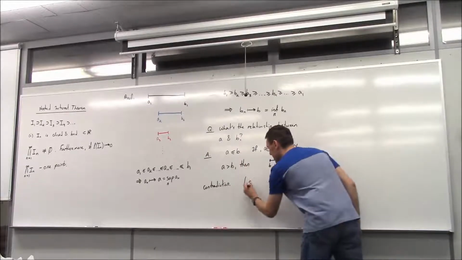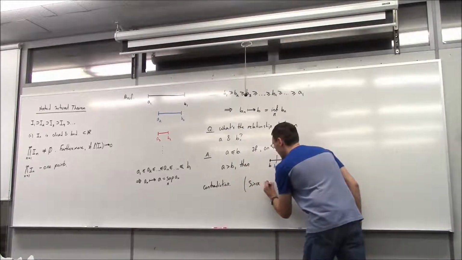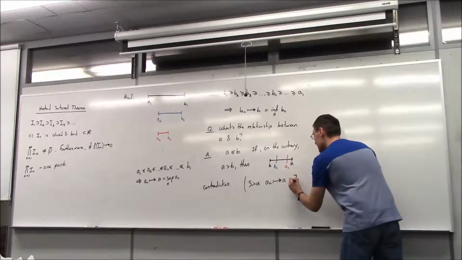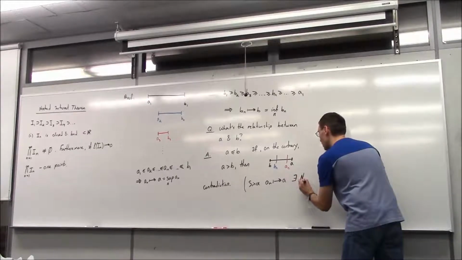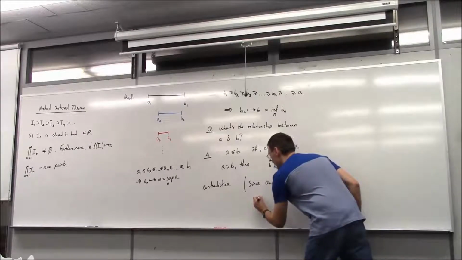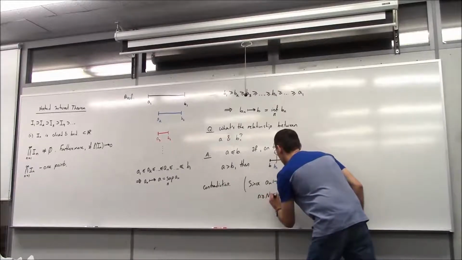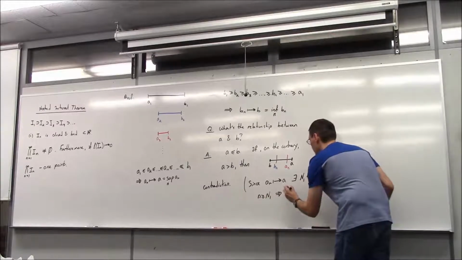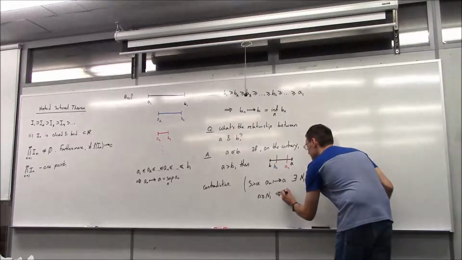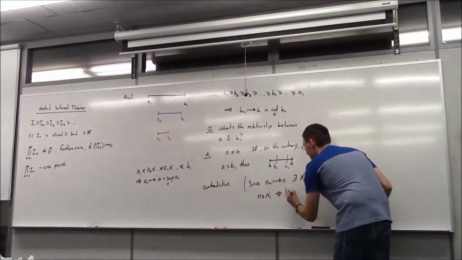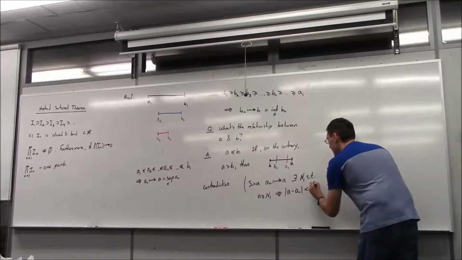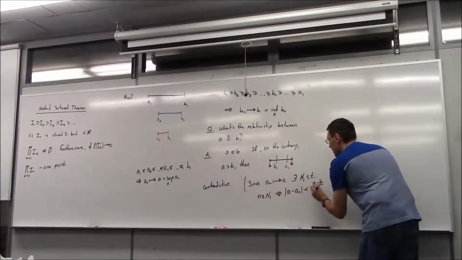Since An goes to A, there exists N1 such that N bigger than N1 implies that the absolute value of A minus An is less than (A minus B) divided by 2.